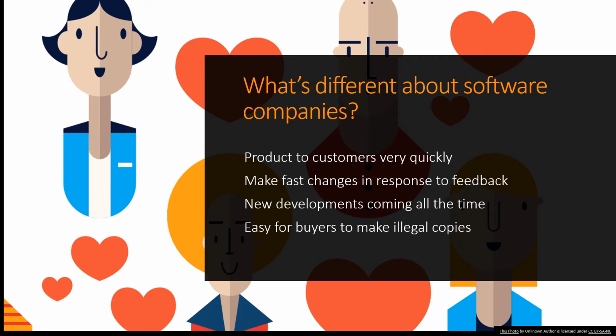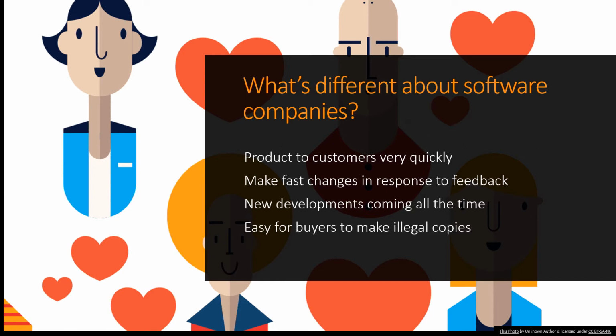One feature of the software industry is that products are created and sent to customers in a very rapid turnaround. There's typically a very short deadline, and games, for instance, new versions are produced very rapidly, often in response to vocal feedback from customers, from the audience who've got strong preferences. There are new games coming around all the time, so the old games have to keep up with that competition.